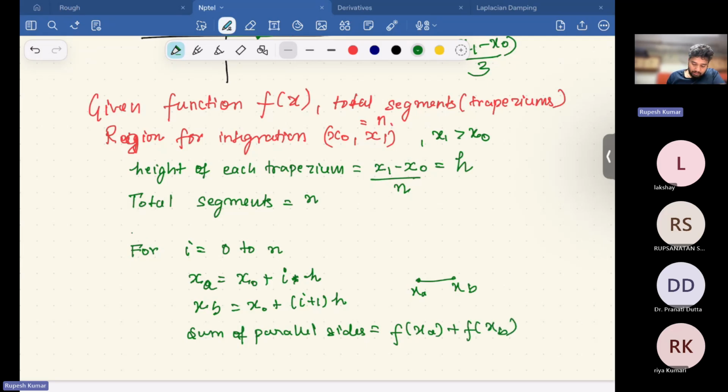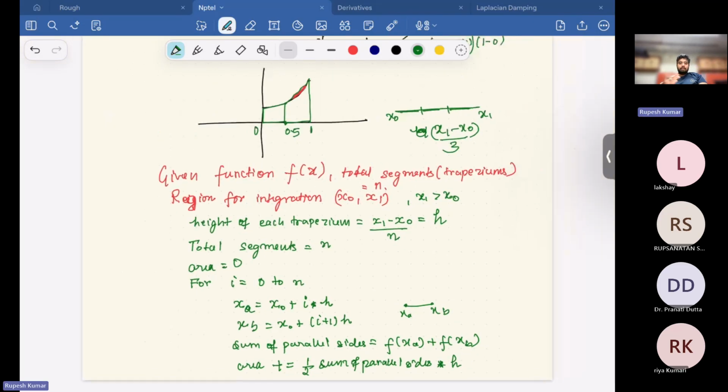I can create a variable here, area, and initialize it with value 0, right? Now I can add the area for this trapezium. Area plus equals half into sum of parallel sides into h here, right?